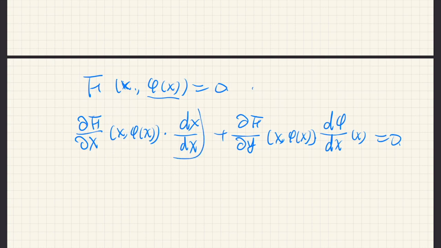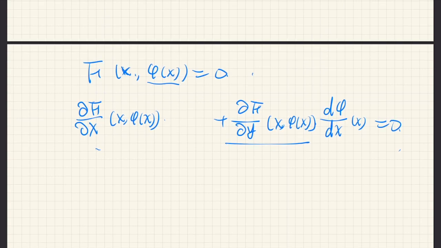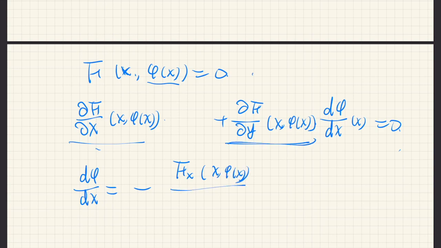Okay, then this one is of course equal to 1, so we can just get rid of it, and move this to the right hand side and divide both sides by this, then we have d phi dx equals to negative this thing, so that is fx, divided by this thing, that is fy.